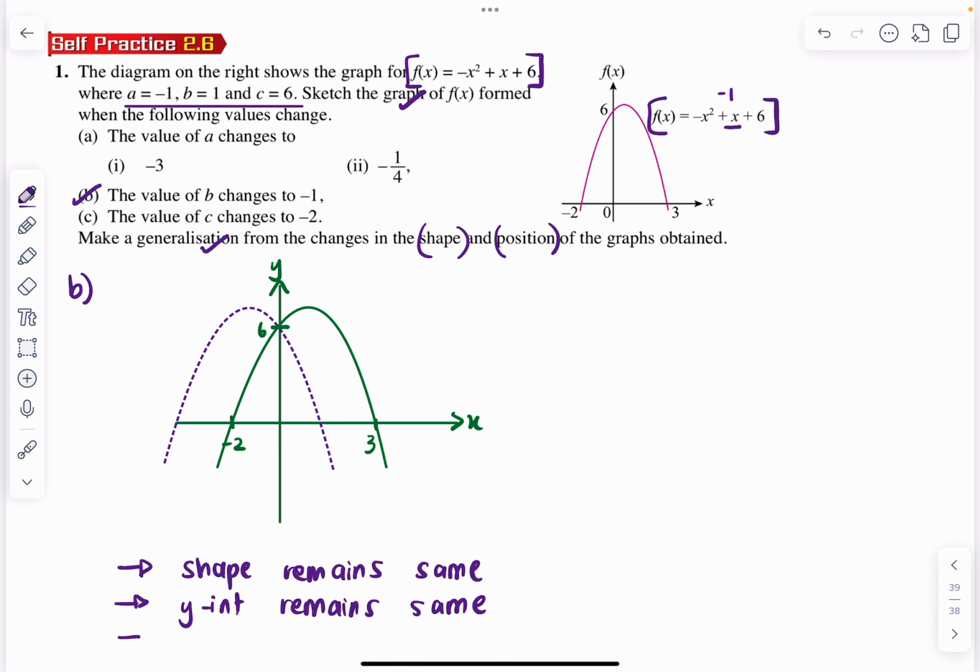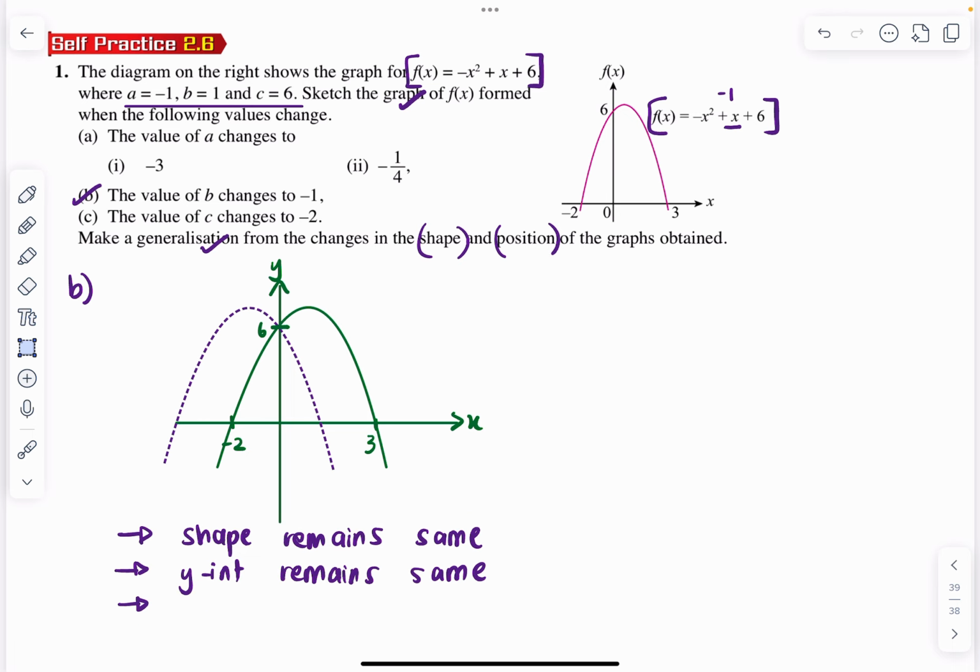But the graph has moved to the left. The peak has changed. So here the peak was here, and here the peak has moved to the left. All right.